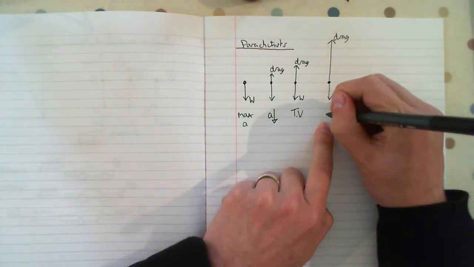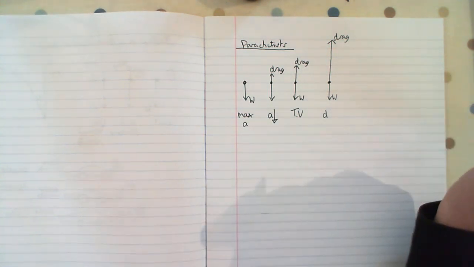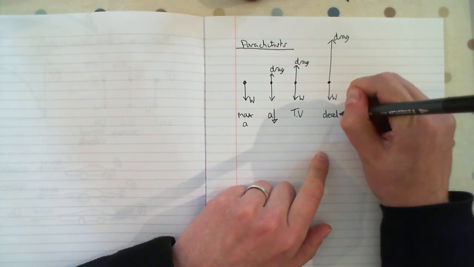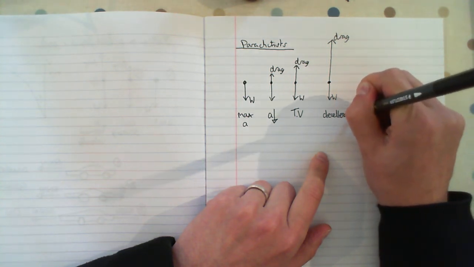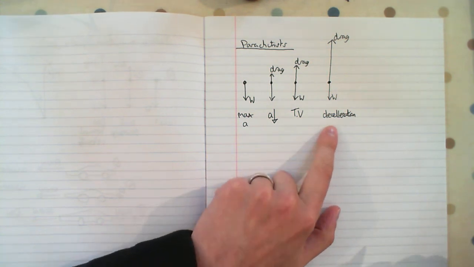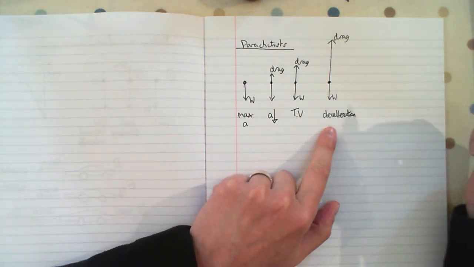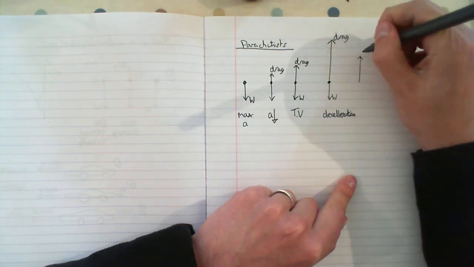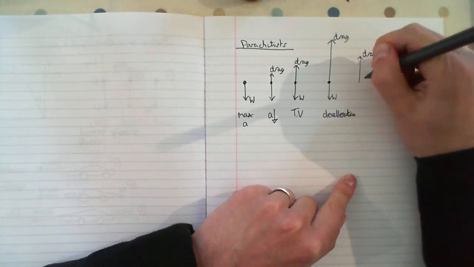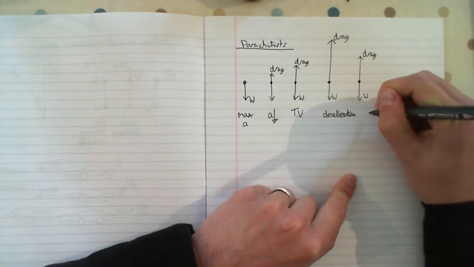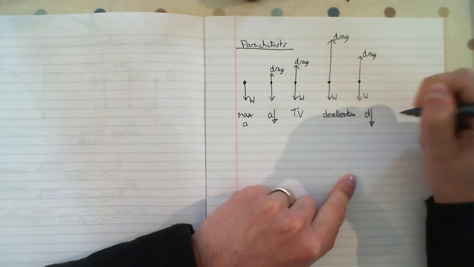When you see a video of a parachute, it looks like they're flying up. They're not flying up, they're just slowing down. So deceleration, it's slowing them down. But as they're decelerating, the drag gets lower and lower. So the drag's decreased, so what happens is the deceleration decreases.